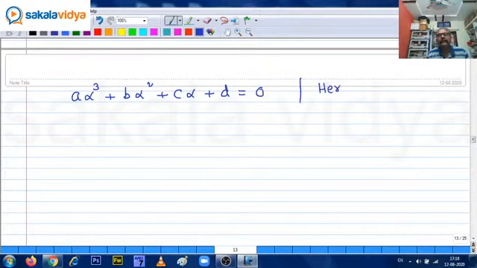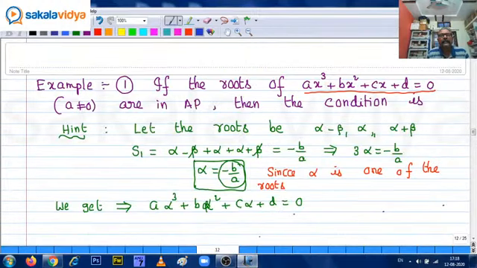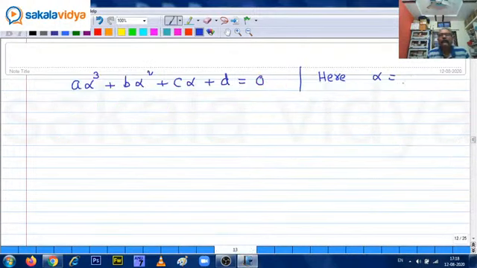Here alpha is equal to minus b by 3a. This value we had forgotten. Now alpha is equal to minus b upon 3a.